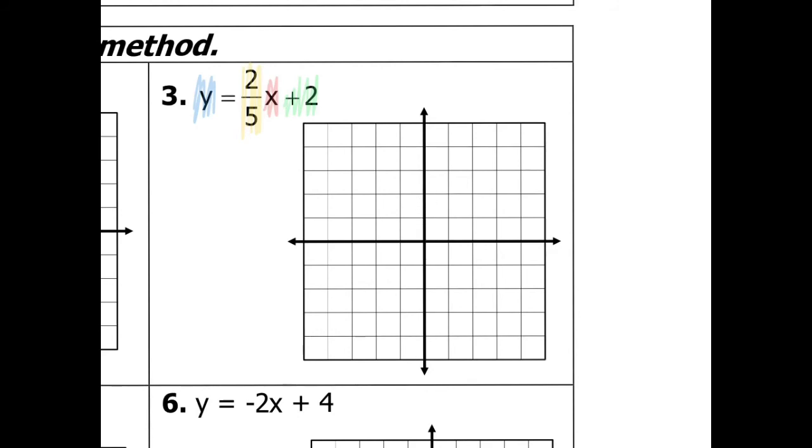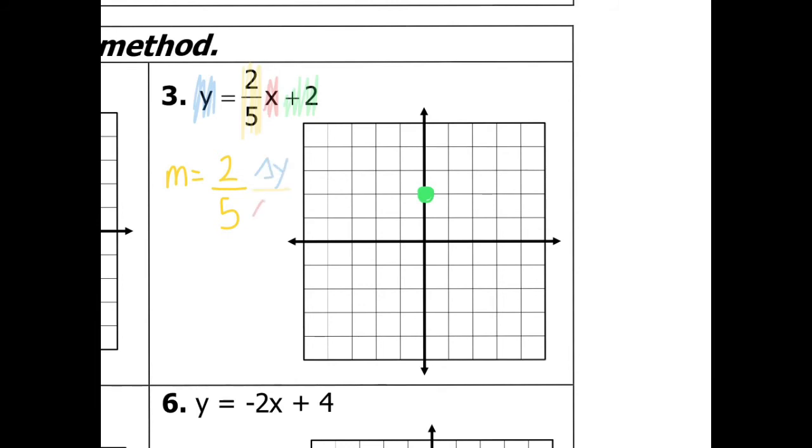There's my y-intercept dot. Now I need at least one more dot to make my graph. So I'm going to use my slope. My slope was provided to me with a change in y of 2 and a change in x of 5. Remember, your slope has your change in y on the top, and it has your change in x on the bottom.